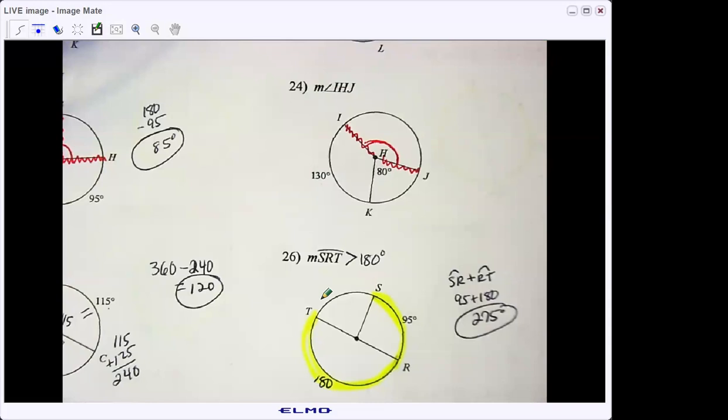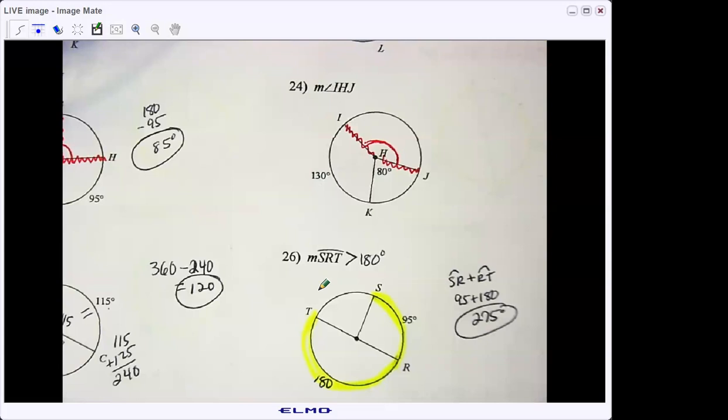Alyssa, reevaluate that one. Okay, Anna's got it. Good. Remember that your arcs and central angles are equal.